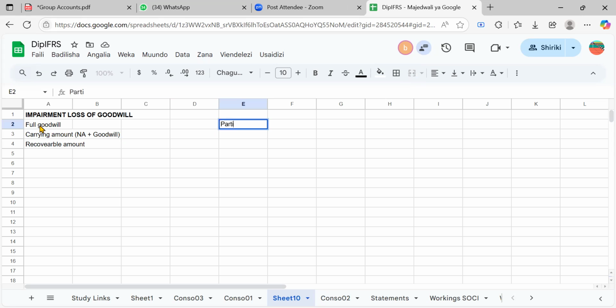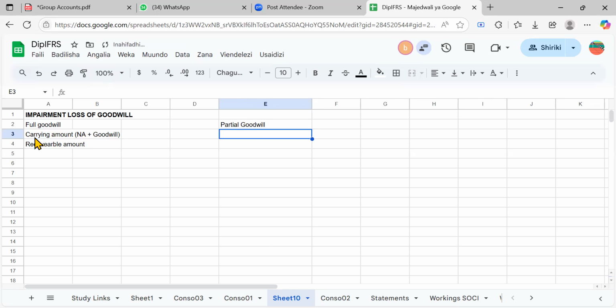For partial goodwill, how would you measure your NCI?